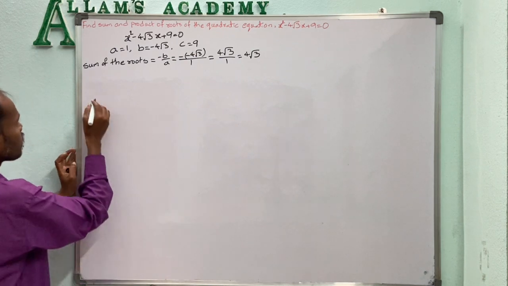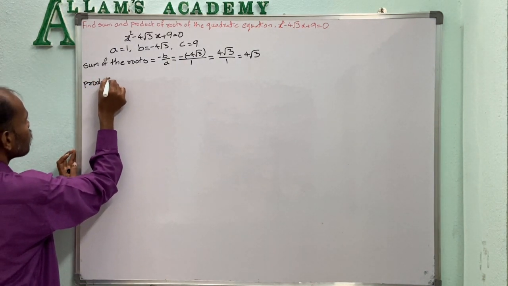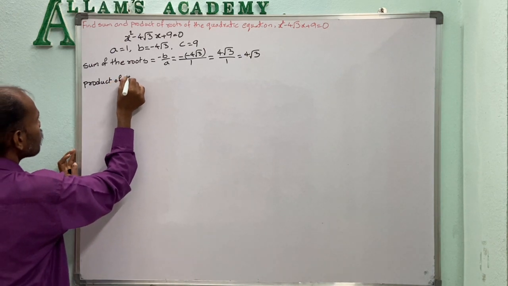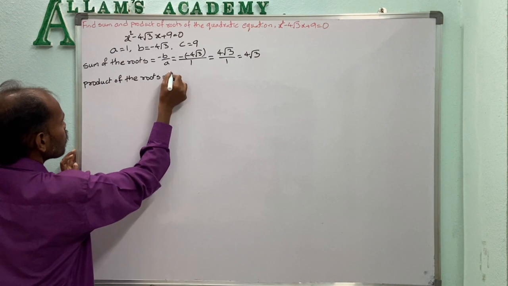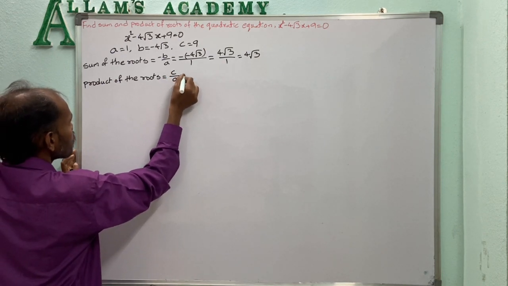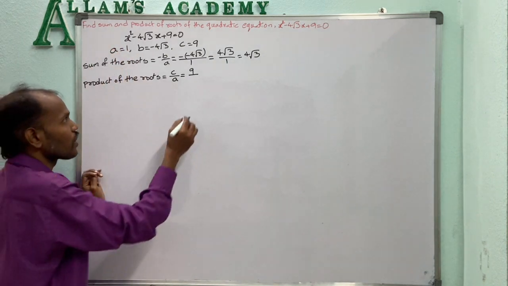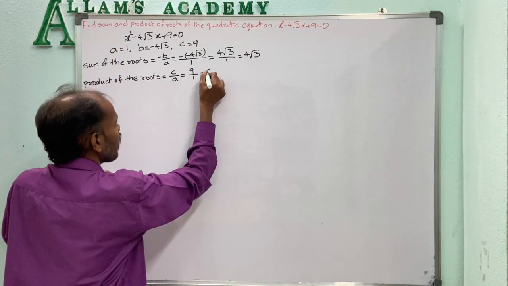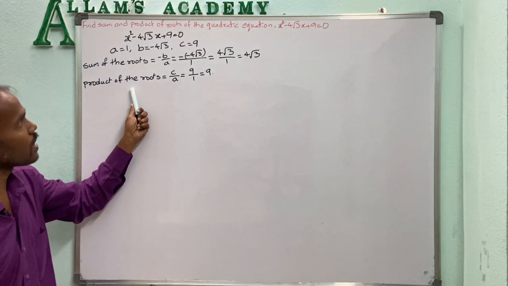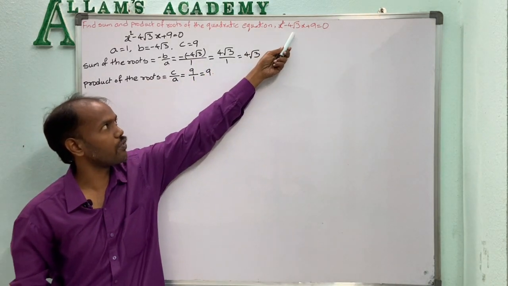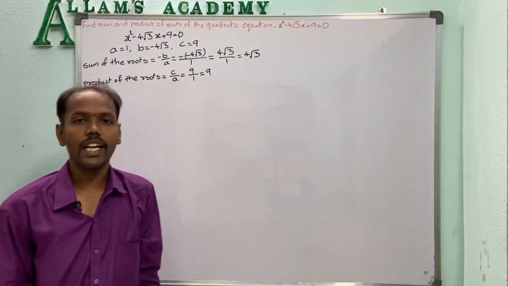Next, finding the product of the roots. So product of roots is equal to c by a. c is the constant term, that is 9, and a is the x square coefficient, which is 1. So 9 by 1 is 9. So the sum and product of the roots of the quadratic equation x square minus 4 root 3x plus 9 equal to 0 are 4 root 3 and 9.